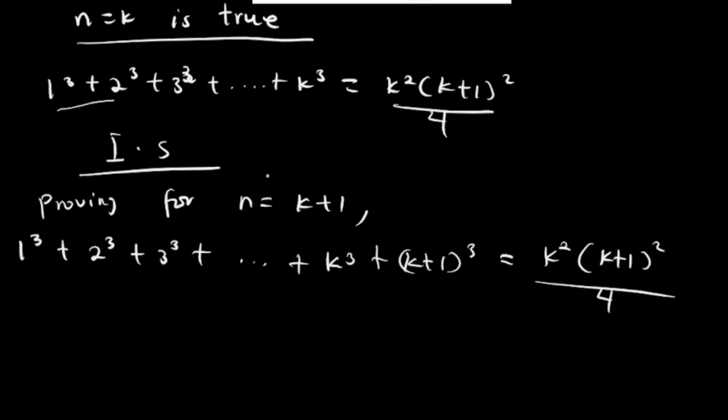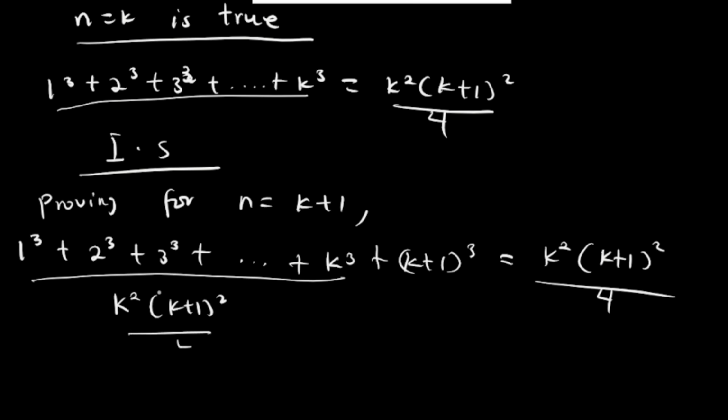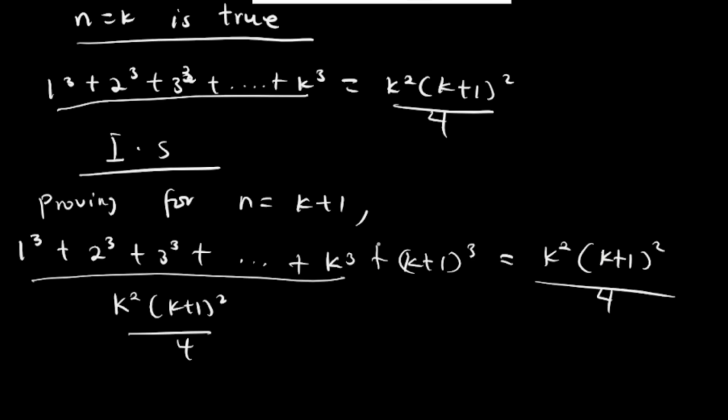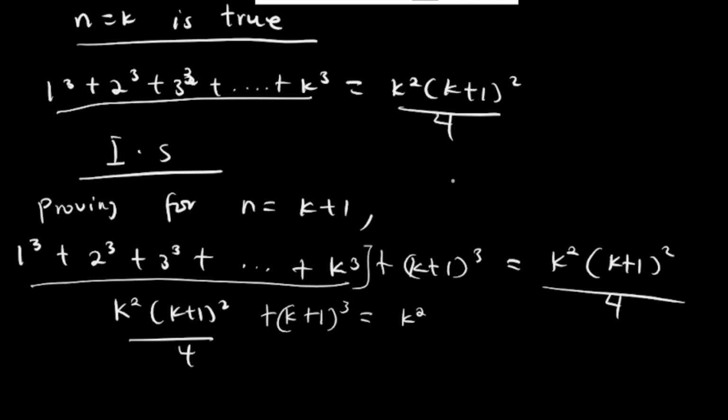From our assumption, we know that all this side is giving us this expression. So I'll replace this whole side with the same expression, k squared multiplying k plus 1 all squared over 4. Then you know this part that we replaced, so this one will continue, plus k plus 1 all cube is equal to k squared multiplying k plus 1 all squared all over 4.